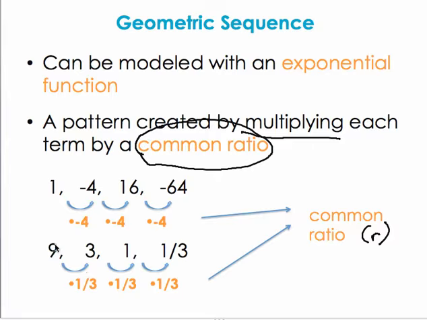If we're looking down here, we can see that our sequence is decreasing. So rather than multiplying by a number that's bigger than 1, we're going to multiply by a fraction. And in this case, that fraction is 1/3. 9 times 1/3 is 3. 3 times 1/3 is 1, and so on. Okay, so we are multiplying, not adding, in a geometric sequence.